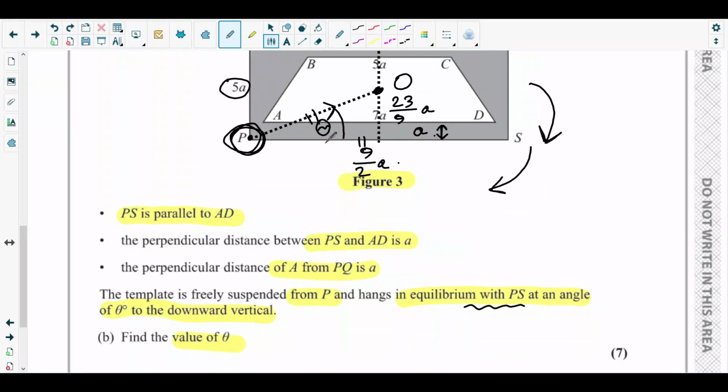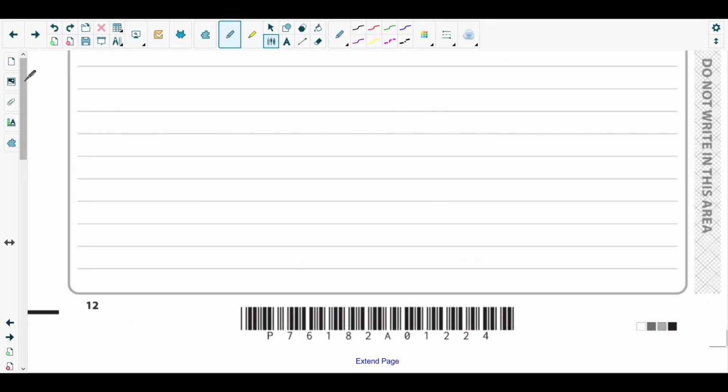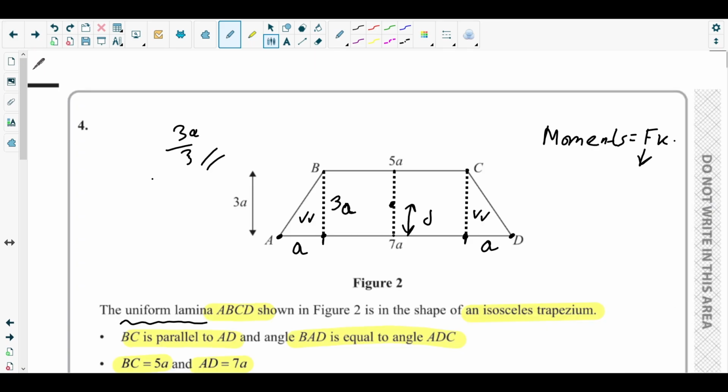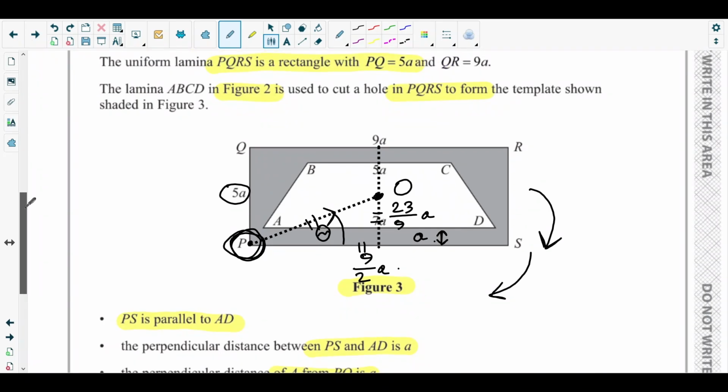This angle theta can be found using tan theta. So tan theta is opposite side over the adjacent. The opposite side is basically the y coordinate, 23/9, the distance of the center of mass of the template from point P vertically.